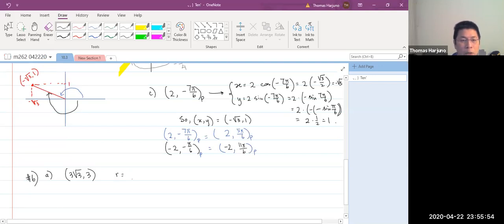The r will be the square root of 3 radical 3 squared plus 3 squared, which is equal to the square root of 3 squared times 3 plus 3 squared, which equals the square root of 3 squared times 3 plus 1.